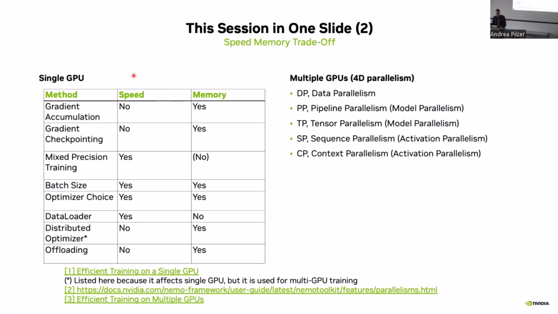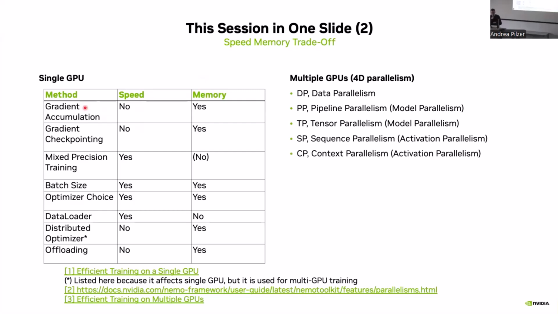So here I put a table and a list of techniques that you can use. There are some that help you to go faster and some that can help you to save memory. For example, gradient accumulation means that you are virtually creating a larger batch size. You can do that simply by doing forward and backward and not calling immediately the optimizer.